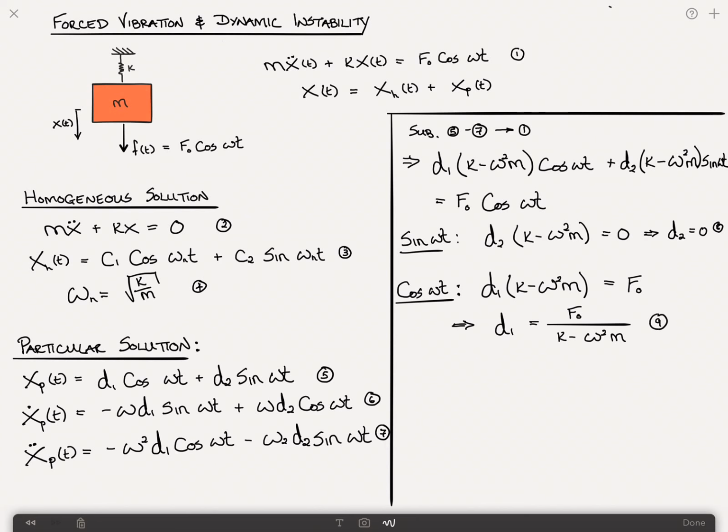So the particular solution, xp of t, is equal to just f0 divided by (k minus omega squared m) times cosine of omega t. Equation 10.